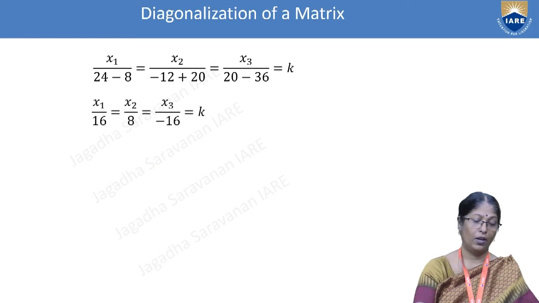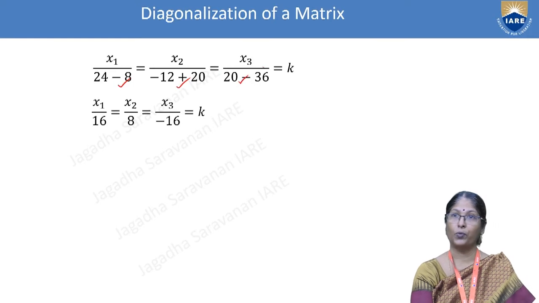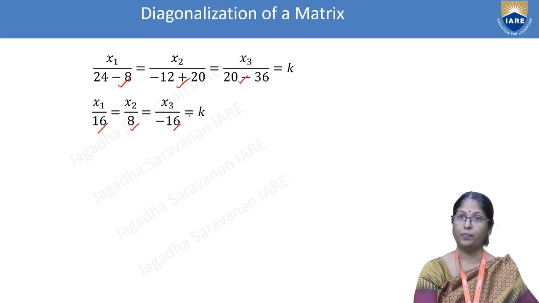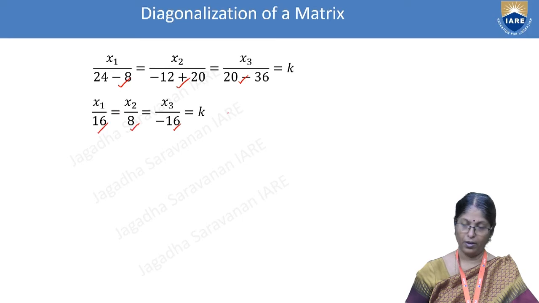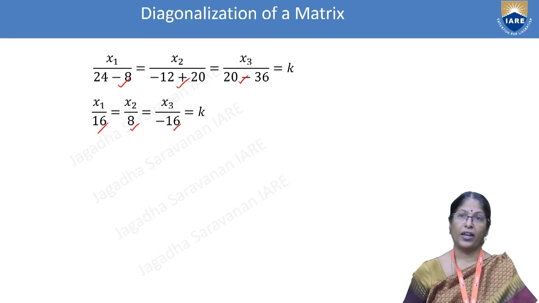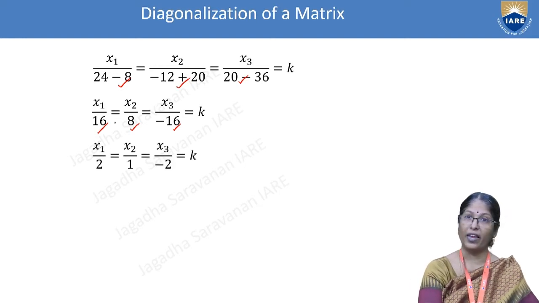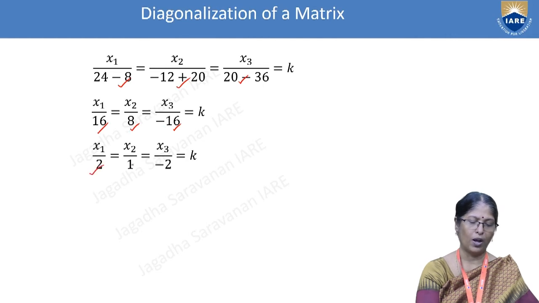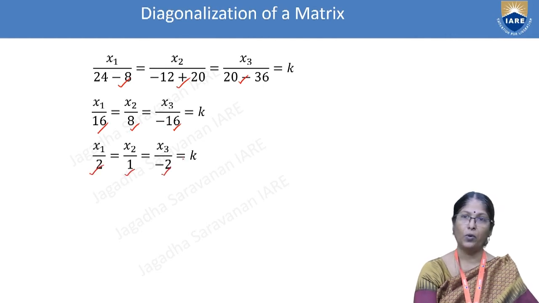Now x1 equal to, the same thing as in the before slides, is written again. Now 24 minus 18, the subtraction is done here, equal to k. The common factor of 16, 8, minus 16, the lowest form we will take, which will consume our time. So common is 8. Throughout, these 3 numbers are divided by 8. We got 2, 1 and minus 2 equal to k.